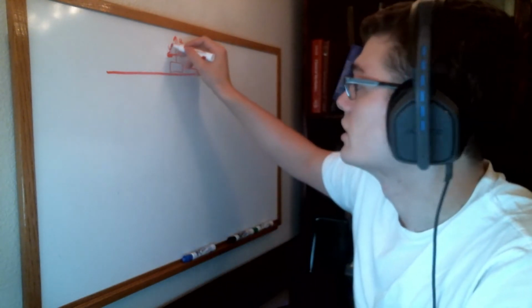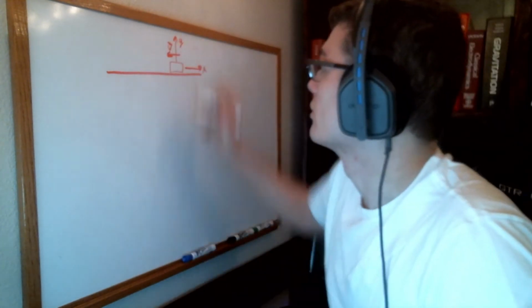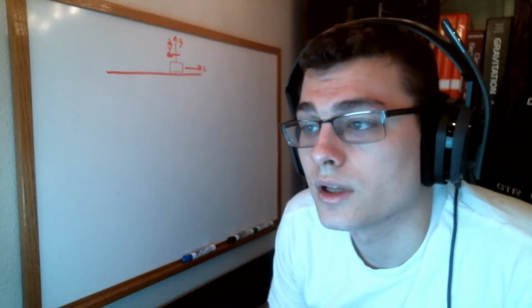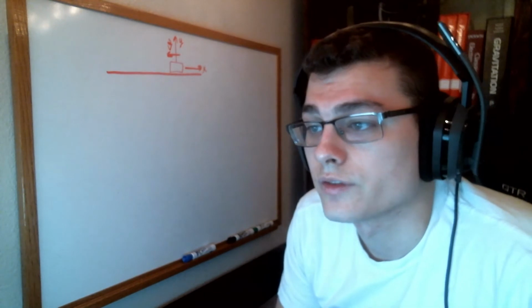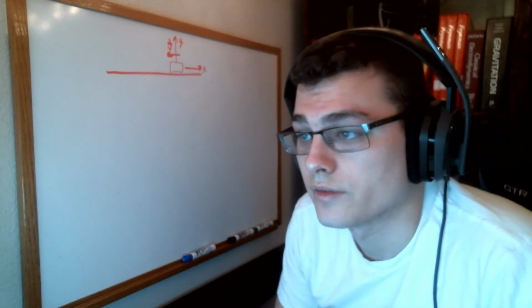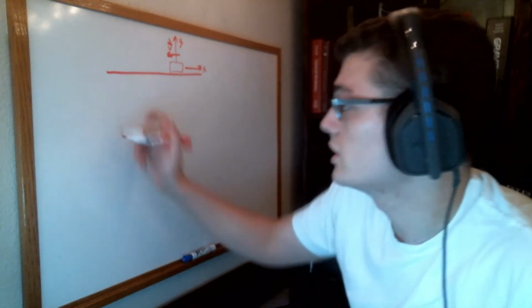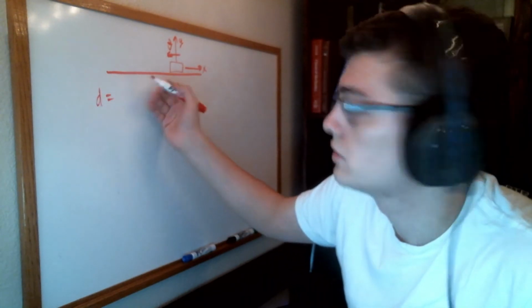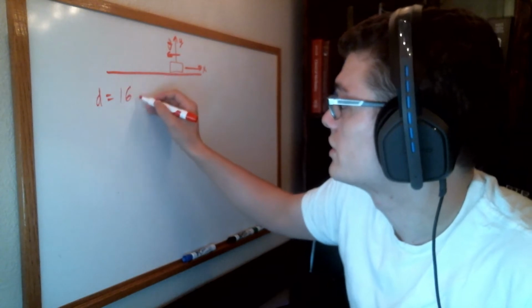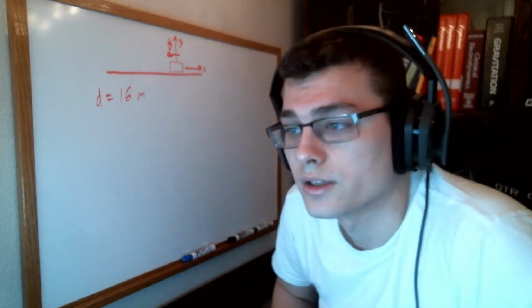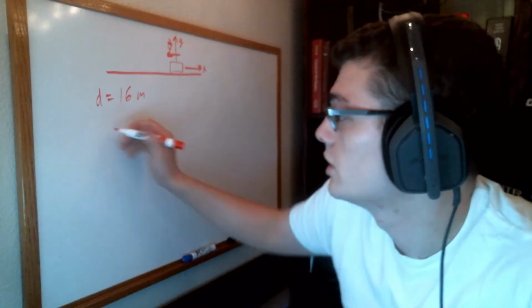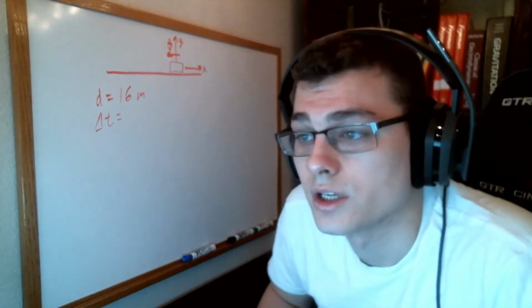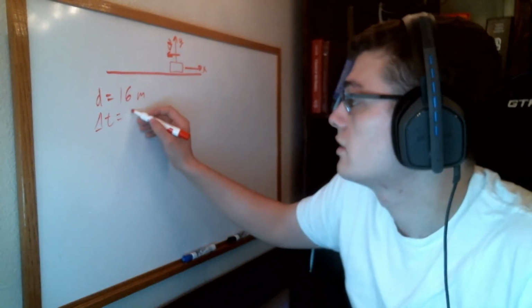And this is going to be v with our little arrow drawn on top. So now the car is moving to the left in a straight line in the negative x direction, and travels the total distance d. So we have distance d is equal to, say, 16 meters. And during a time interval of, say, delta t is going to be equal to, I don't know, let's say 8 seconds.